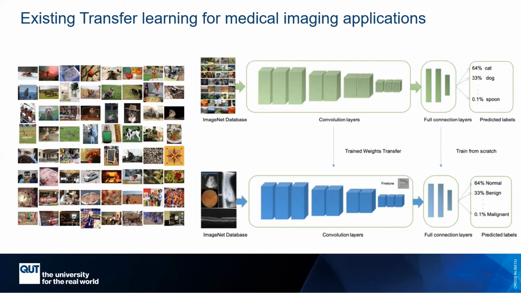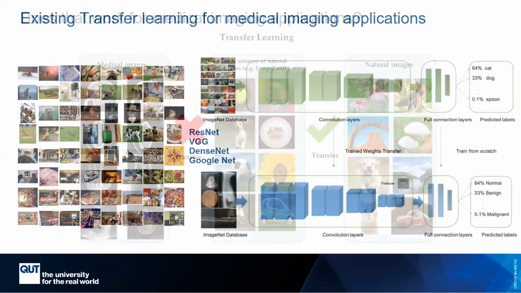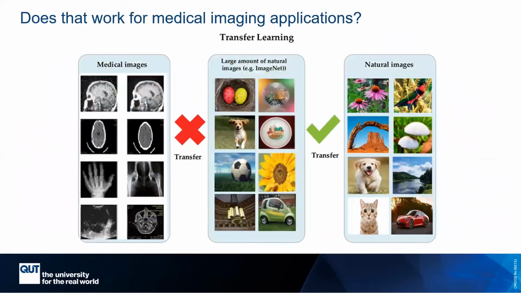That can help a little bit for a specific task. However, imagine this scenario where we have ImageNet in the middle. You can transfer to similar natural images. There are common features between these. However, with medical images, there are no common or relevant features between the two.